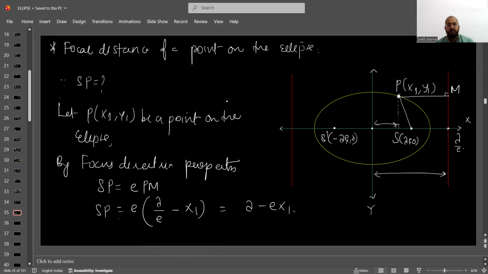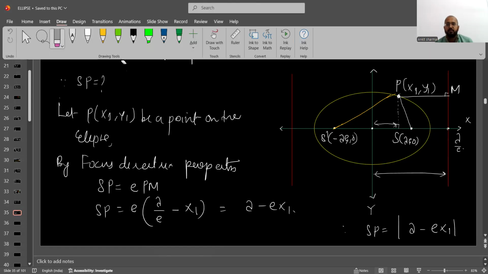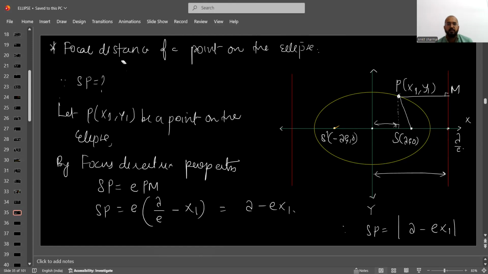So this is going to be my SP, that is focal distance, and this is a distance, so it should not be negative. So we'll consider the modulus. So therefore, SP is equal to mod of A minus E into x1. And if I have to find this distance, say S dash P, then for this focus, my directrix would be that other one, not this directrix now.